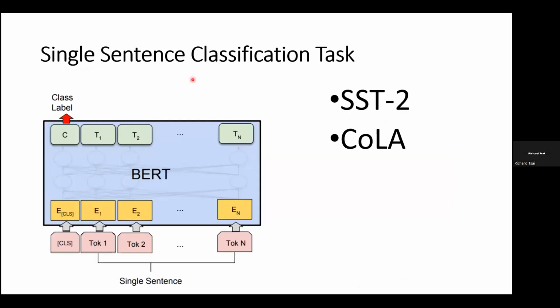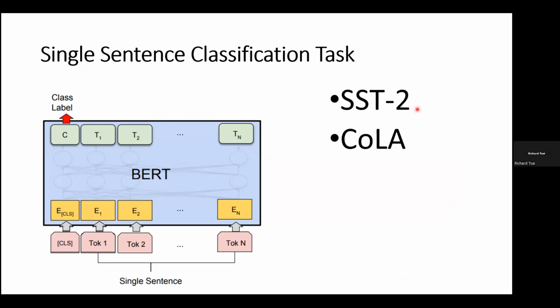Absolutely, when the input consists of only one sentence, the BERT model effectively functions as a text classifier. Here are a couple of examples of tasks that employ this configuration. The first is called Stanford Sentiment Treebank 2.